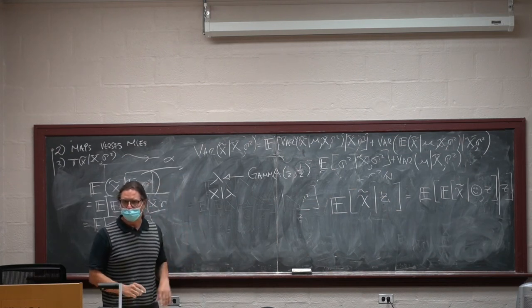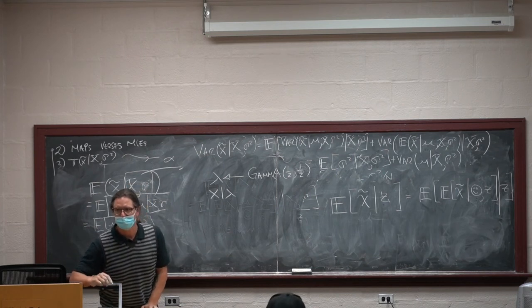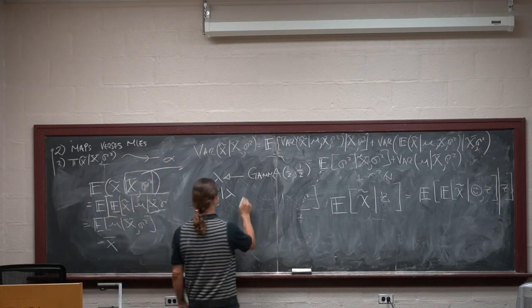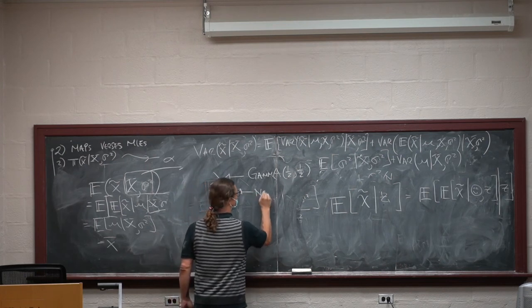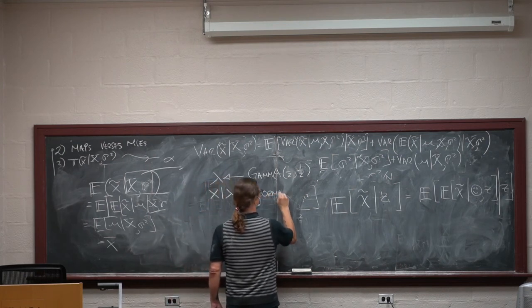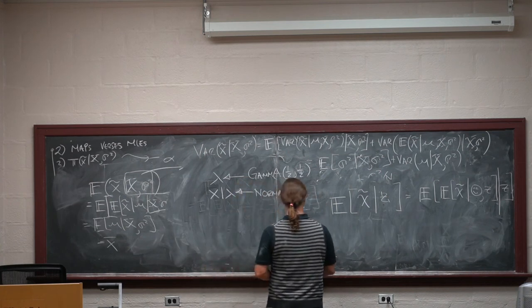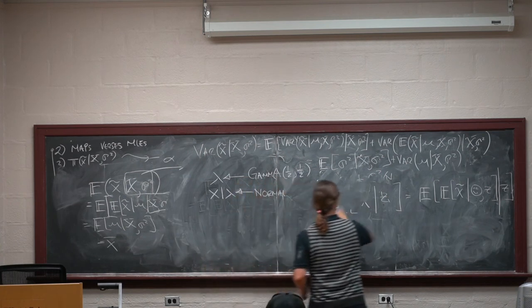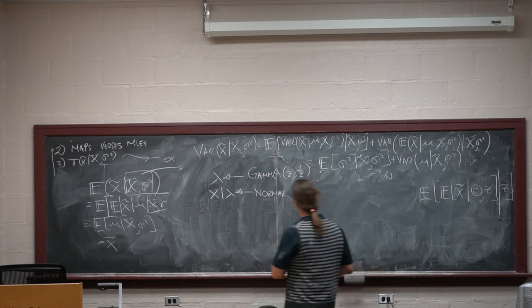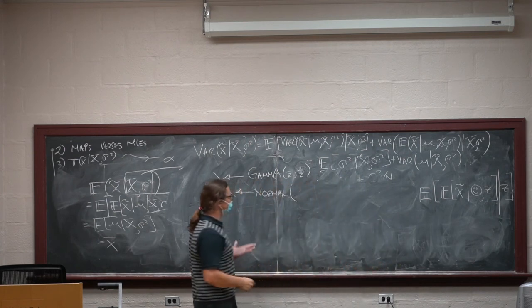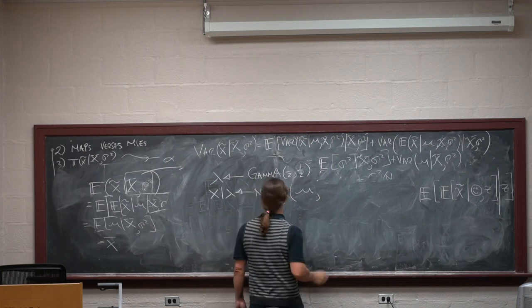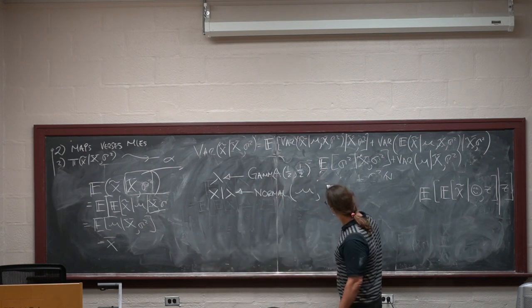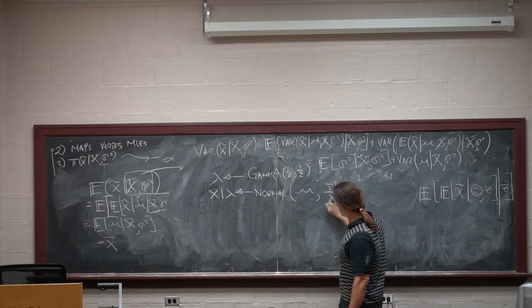Just to make sure I've got the right problem, this is the code sheet problem, right? Yeah. Okay, so this right here is going to be a normal, sigma squared over lambda.